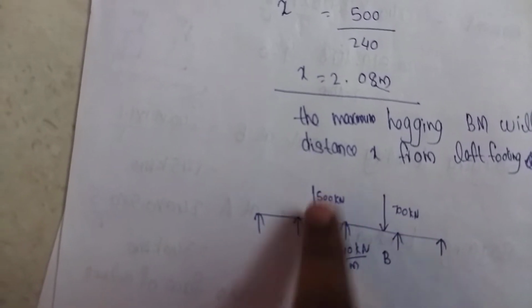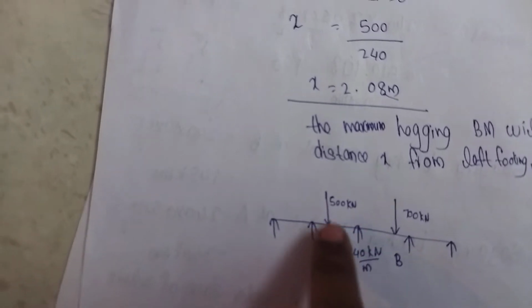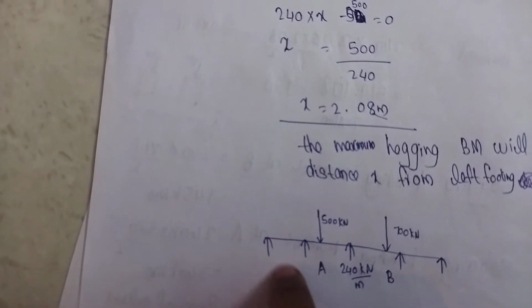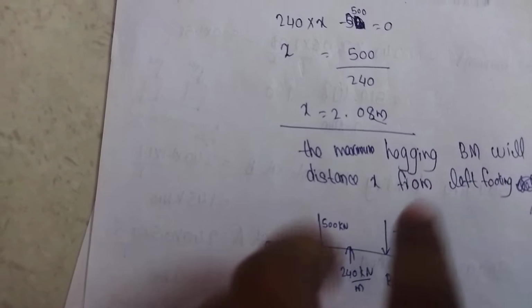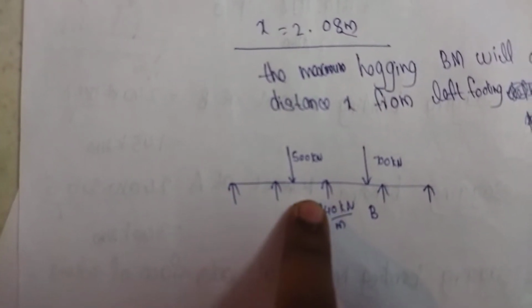We consider the shear force to the left of A, where column A is this one. To the left of A, only the pressure acts upwards. So take that pressure, 240. How much distance is this? This is 0.5 meter.